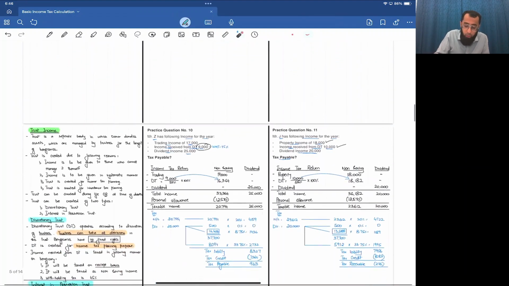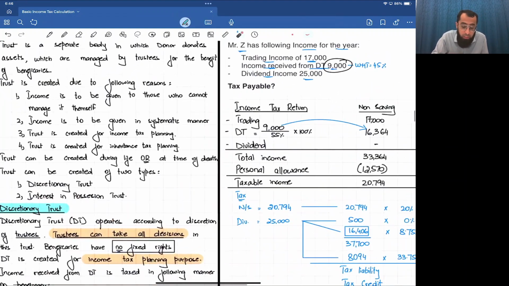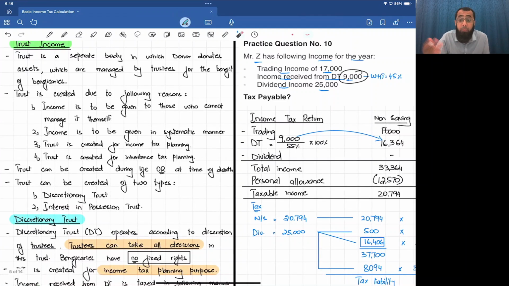We introduced the concept of the trust, a separate body, donor giving the assets, managed by the trustee for the benefit of the beneficiaries. And then we looked at why the trust is created: to give income to those who cannot manage it themselves, like your small children, to create a systematic manner of income distribution, to do some income tax planning, like changing the number of beneficiaries using their allowances.